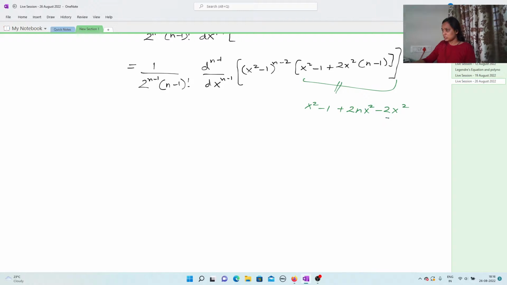Okay, so this you can write as minus... x square minus 1 plus 2n x square. Okay, so we can take x square as common and write it as (2n plus 1), and this will be there minus 1.